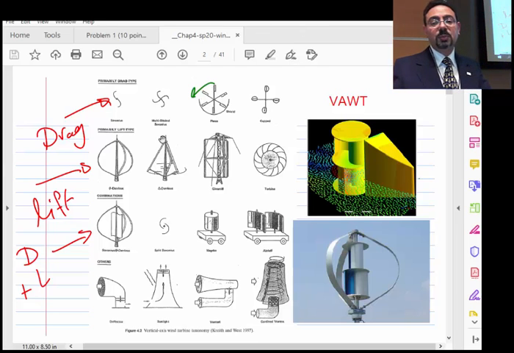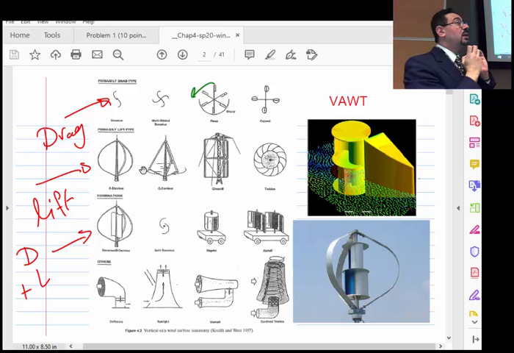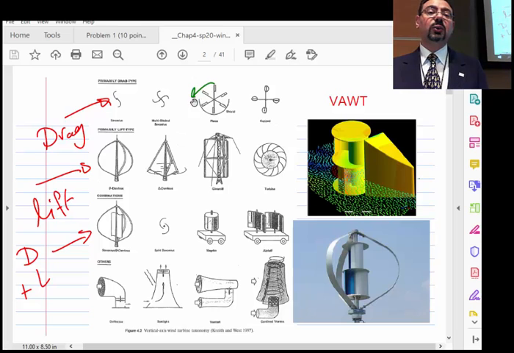So every one of those plates in its journey around the axis, in one part of the circle, is doing great, being pushed by the wind, but on the other side, it's actually moving against the wind, and that adds drag, and that also adds vibration, and those things will basically shake because of that.